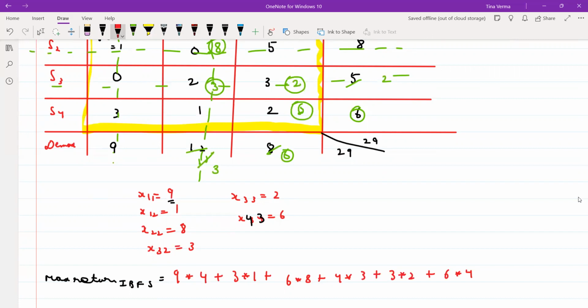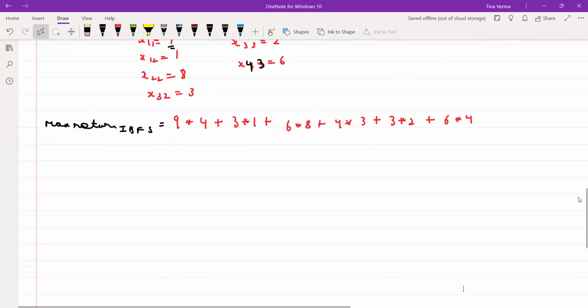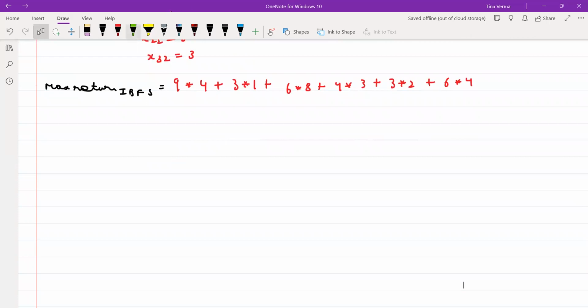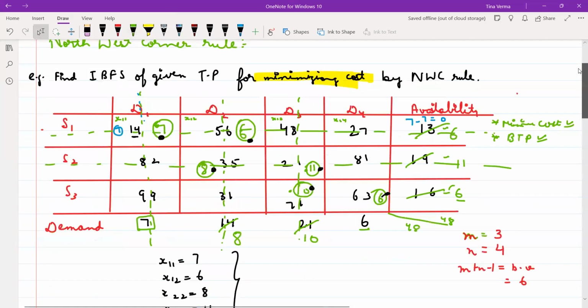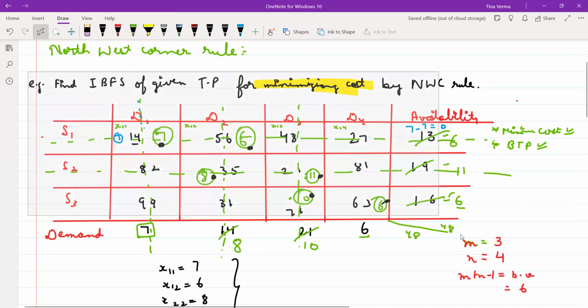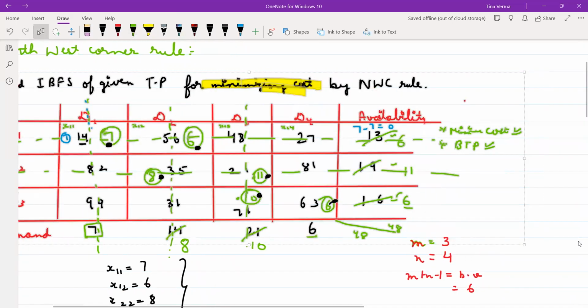Yes or no? You can do the calculation, right? The next method which we are going to do is your least cost entry method. You can consider the same question.